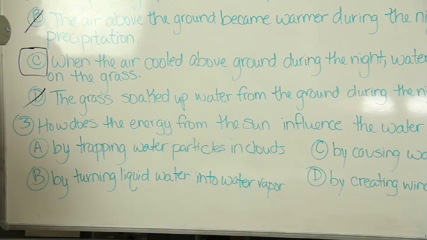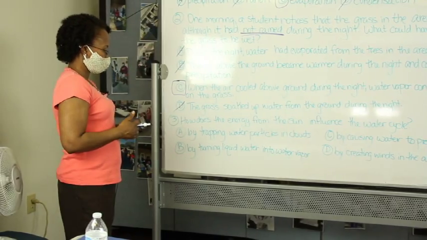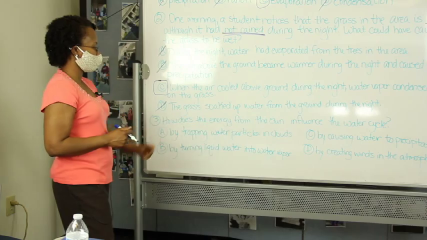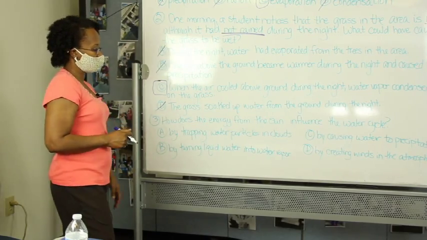Does that mean that energy from the sun is influencing the water cycle? Not necessarily. Let's keep going. B, by turning liquid water into water vapor. That does happen. And the sun does turn liquid water into water vapor, so we're going to keep that one.